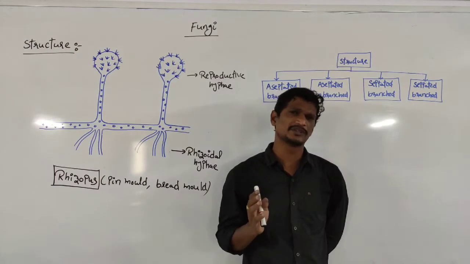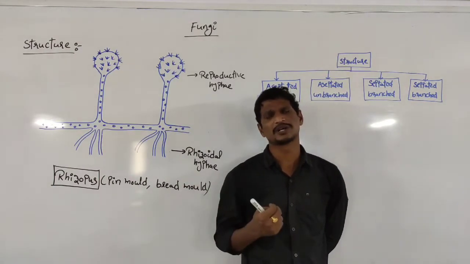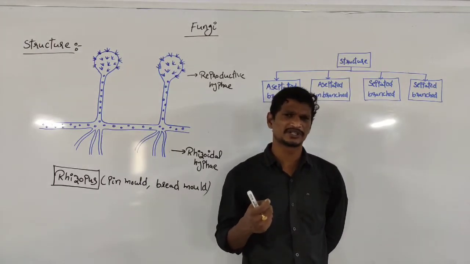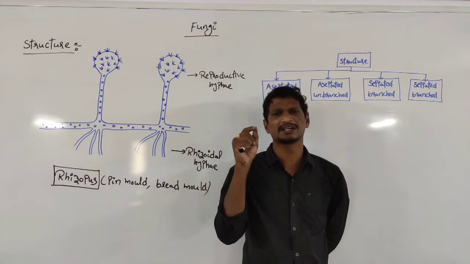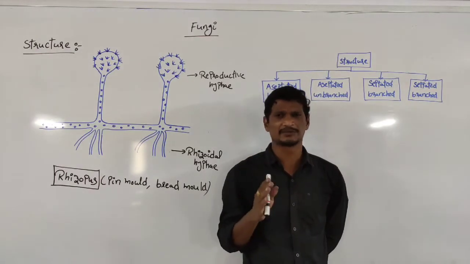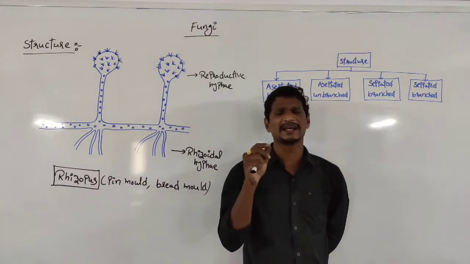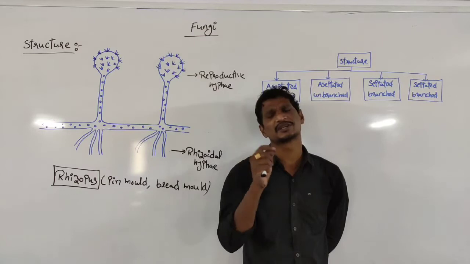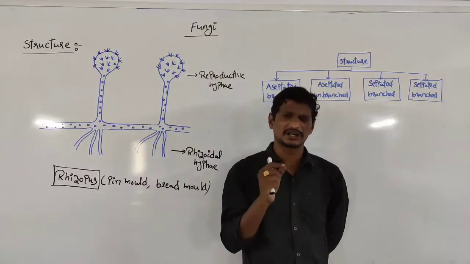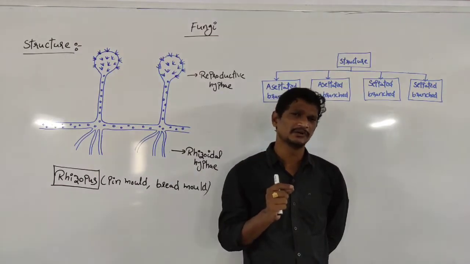If we kept the bread outside the refrigerator at normal room temperature, after 1 week, if we observe the bread, there are black colored dotted line structures upon the white bread. These dotted line structures are nothing but fungi.